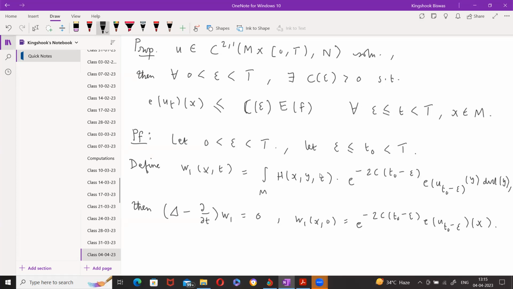Okay, fine. And we also define w_2(x,t) to be e^(-2c(t + t_0 - epsilon)) times energy of u_(t + t_0 - epsilon) at x. Okay.